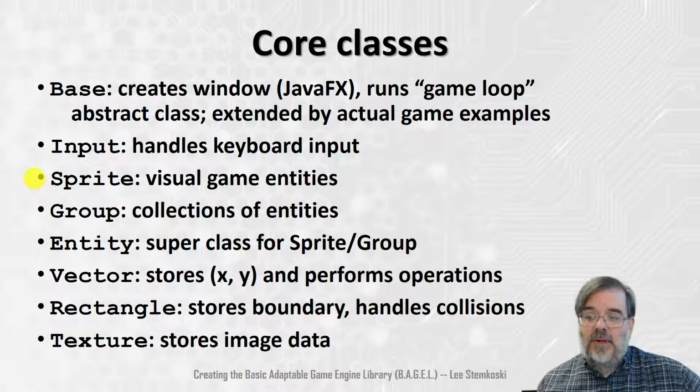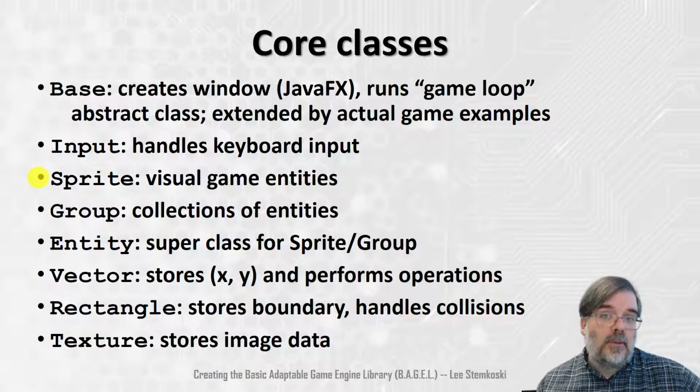Within the game window, we'll have a lot of different images which represent our game entities. And that will be handled by a class named Sprite. The Sprite class will represent each object, whether it moves, whether it's a background image, whether it's an object that we collect. Those will all be considered as sprites.